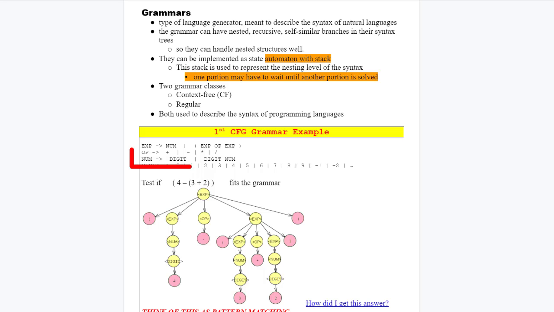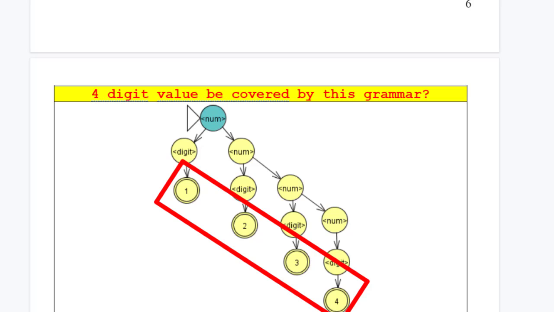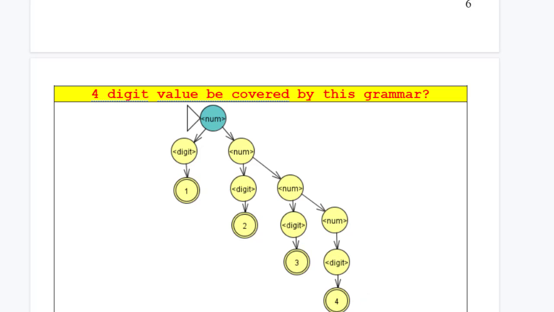But be careful. I want you to take a look at num here. Num can be broken down or reduced to a digit or a digit and a num. Now, what's so important about that is actually a little bit further down here, where if we want to do a 4-digit value, this would be 1,234, but I can break that up using the grammar that we were just given by using num at first, and num I can break down into digit and num.